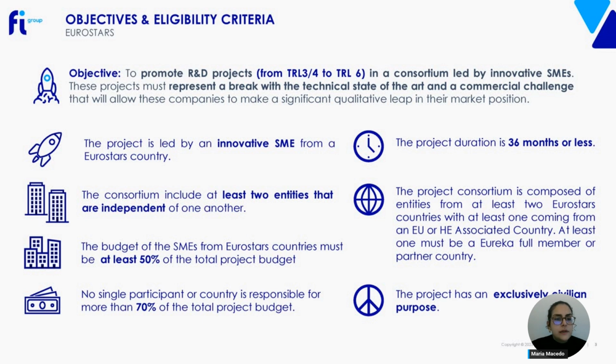The program, as I said again, but I stress once again, is aimed at startups, spin-offs, and SMEs in general, which should be established at least 2 years prior. And so these organizations, these entities may apply to the program. Research centers and large companies can also participate, and in some countries there is funding to cover this participation.